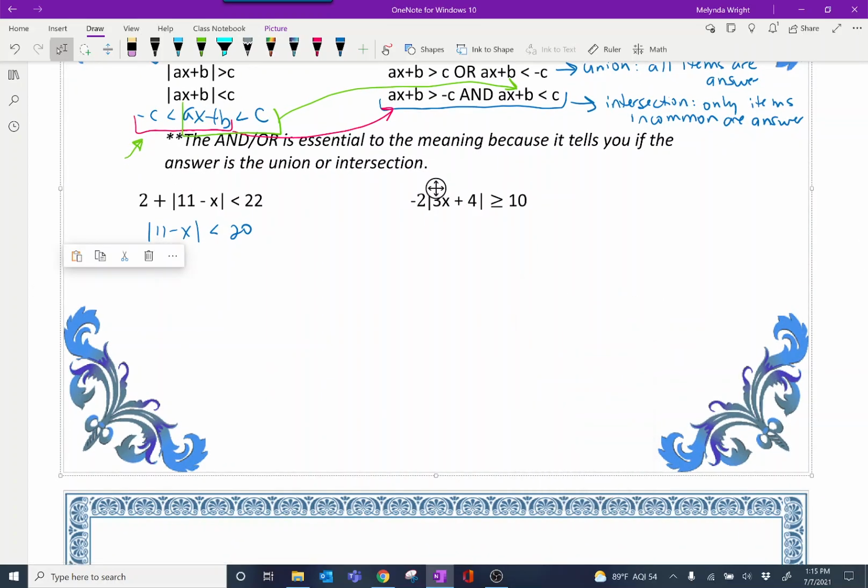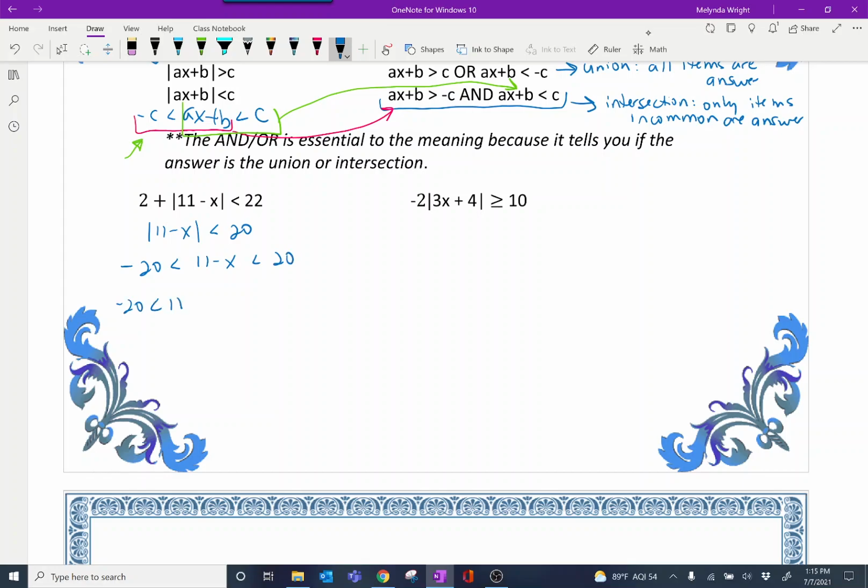So I'm going to set it up like a sandwich, and then I'm going to solve each of these inequalities separately.